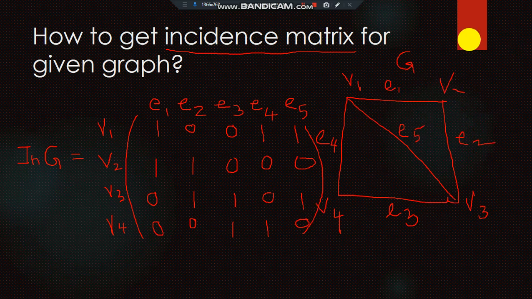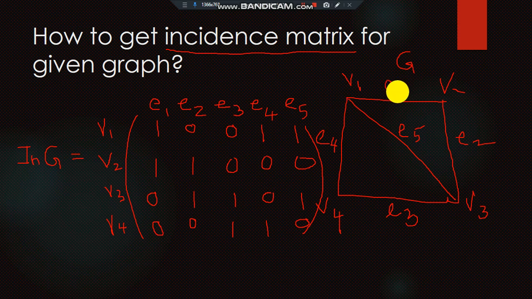So I repeat again, this is the graph given to us. V1, V2, V3, V4 are the vertices. E1, E2, E3, E4, E5 are the edges. For this graph, we have to find the incident matrix. Therefore, the incident matrix of G: first we write the vertices in a vertical way, V1, V2, V3, V4.